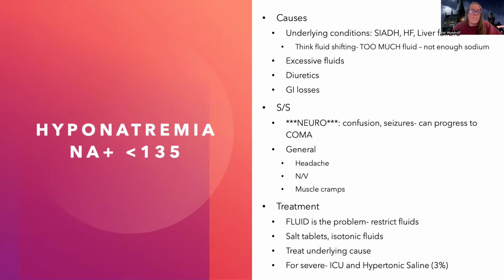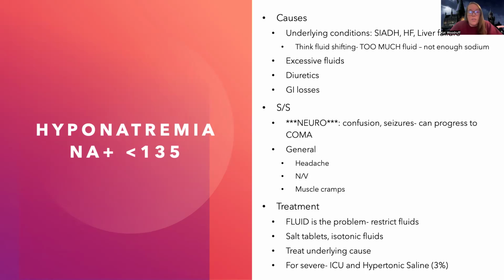So this would be conditions like SIADH, which is the opposite of DI, a syndrome of inappropriate antidiuretic hormone, where they're holding on to their antidiuretic hormone, which causes them to hold on to fluid. Heart failure and liver failure are both disease processes that cause you to hold on to more fluid. So keeping that in mind, anything that fluid overloads you can lead to hyponatremia.